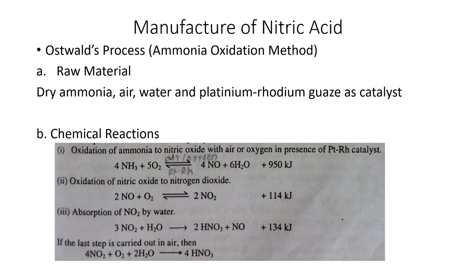In the second step this nitric oxide is further oxidized to nitrogen dioxide, and in the last step this nitrogen dioxide is absorbed in water, so that it gets hydrolyzed to form nitric acid. And one more thing: if the last step, that is absorption, is carried out in open air, then oxygen and water are used to hydrolyze, and you get nitric acid by that method also.